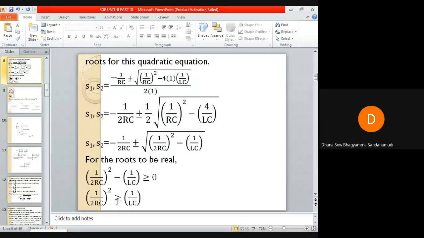In the next slide, I have squared these denominator terms, so 4R square C square. I have sent the 4 to the other side, that is 4 by LC in the next slide. If you remember, 4 by LC is less than or equal to 1 by R square C square.